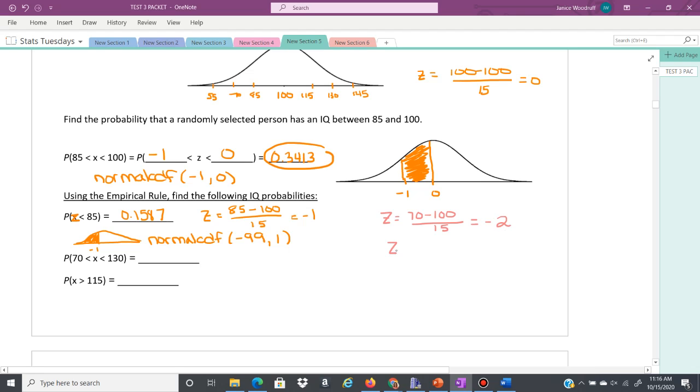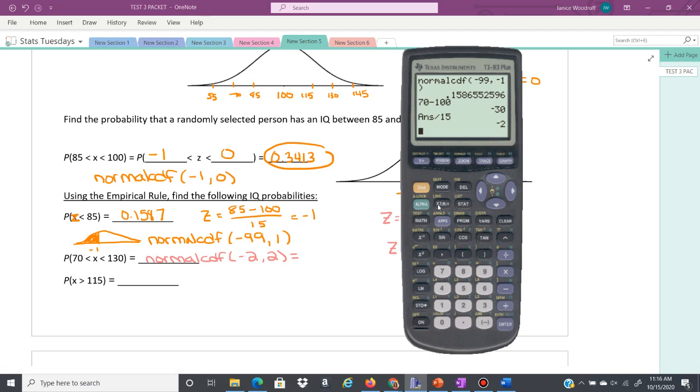And then 130: 130 minus 100 is 30, over 15, which gives us positive 2. So there I'm going to want normal CDF with a lower limit of negative 2 and an upper limit of positive 2. That's 0.9545.